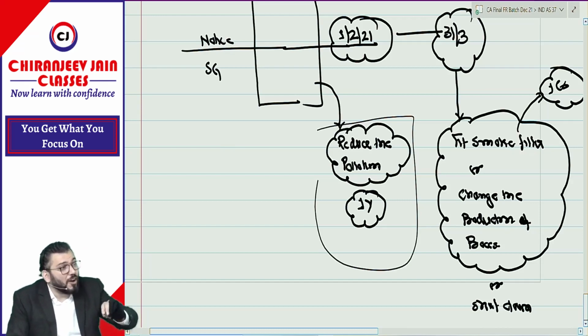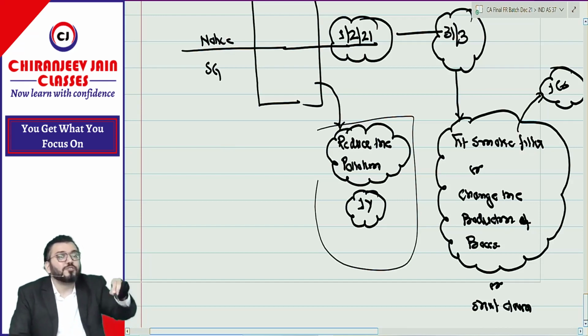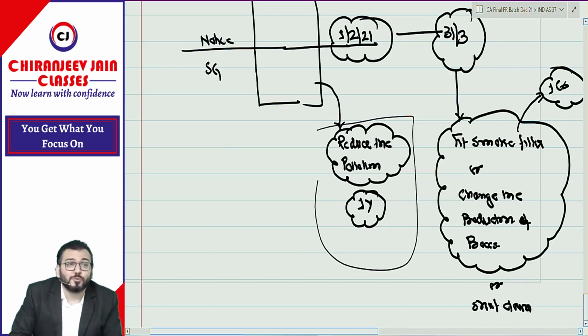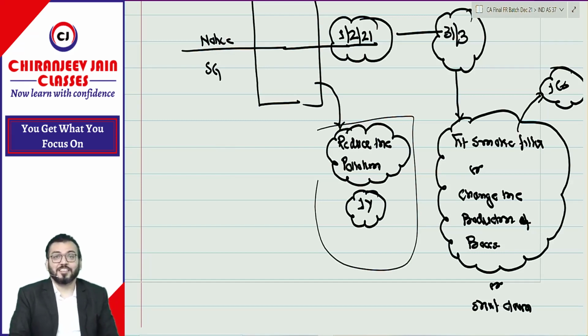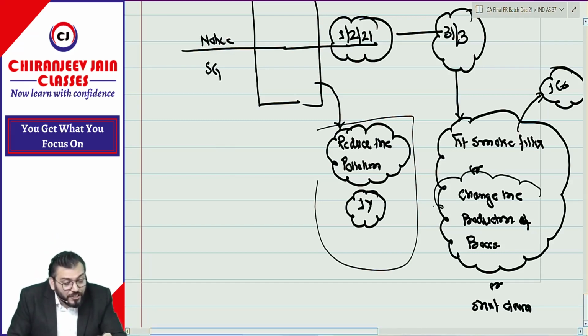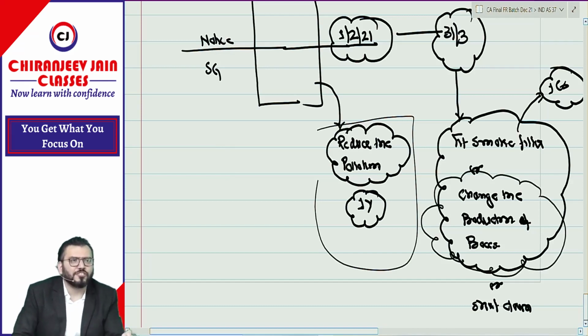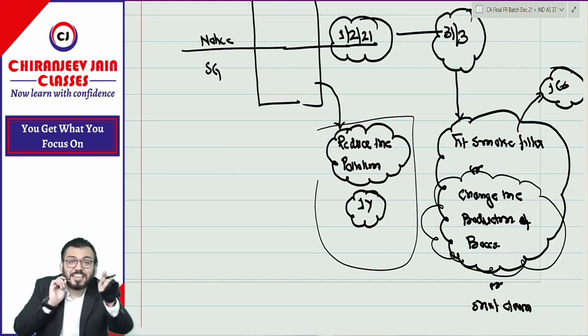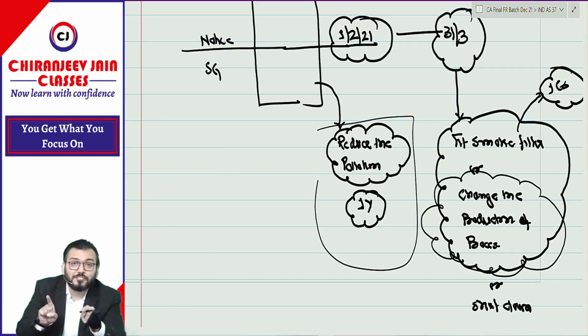So the obligation is dependent on future conduct of business, therefore outflow of resource is not probable. If they change the production process, no expenditure is required. The second condition is not satisfied, so provision is not required. Correct?